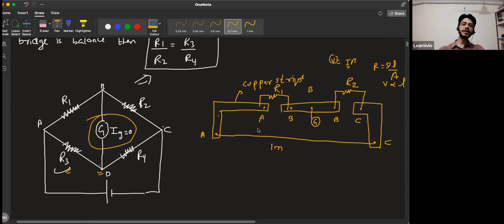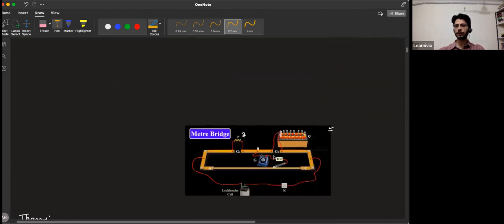Then I need a point D. This D will lie somewhere on the wire. But the special thing about point D is, if I find point D, then the current in the galvanometer should be zero. The galvanometer should not show any deflection. So I take a wire from the other end of the galvanometer. The galvanometer has two ends.